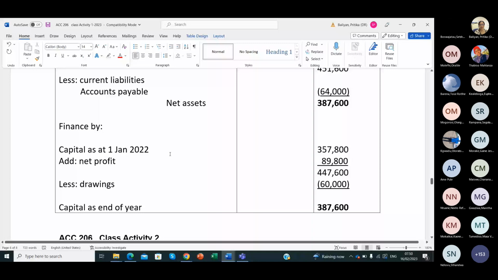So the capital given in the question is 357,800. Then we add the net profit. Net profit is 89,800. So opening capital plus net profit minus drawings. Here we subtract all the drawings. Even if there is some additional drawing given as a note, we subtract here as well. So the drawing given in the question is 60,000. You write them as drawings.